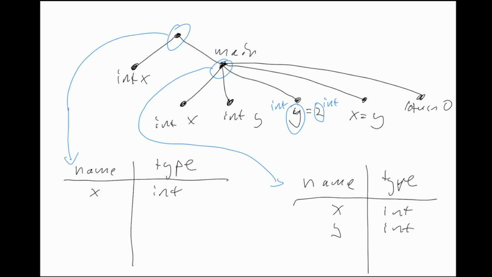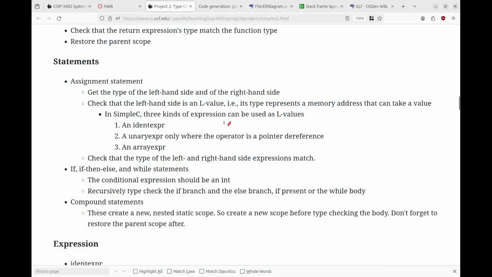Okay, so the type rules for assignment statements. Once we have found the left and right side of the assignment, then we can check that they match according to the rules of our language.